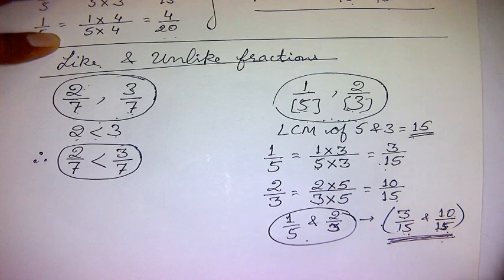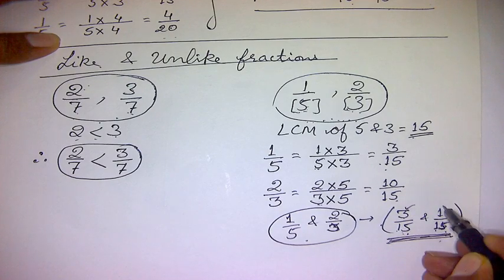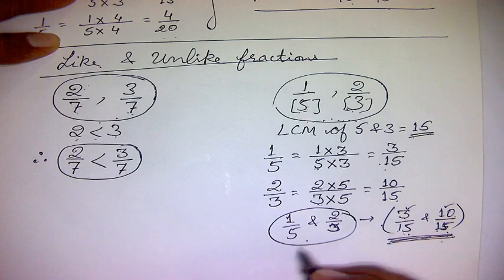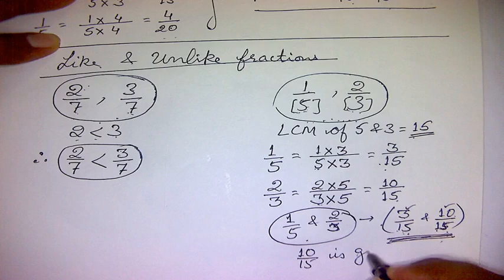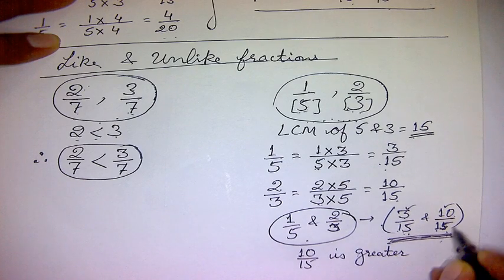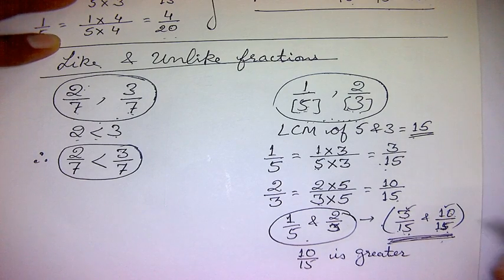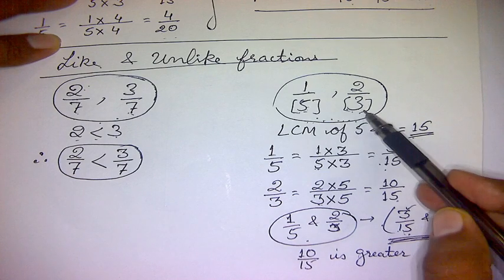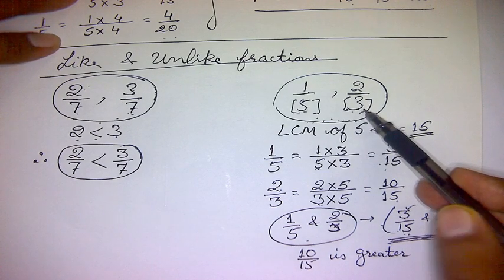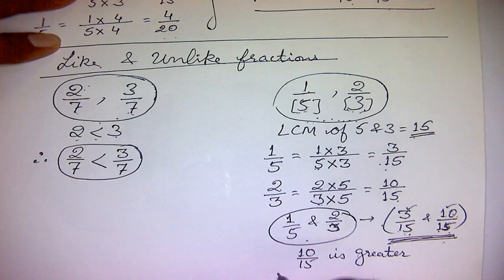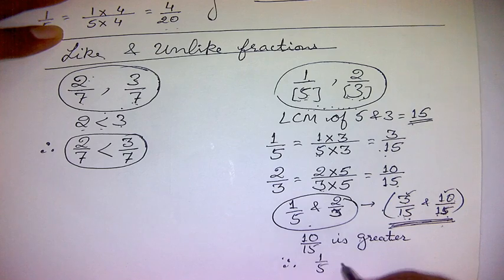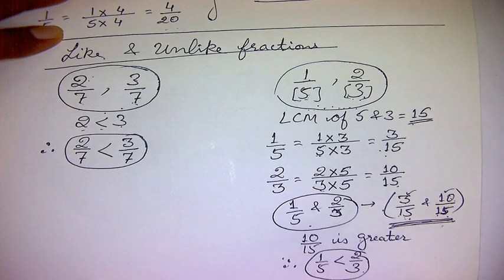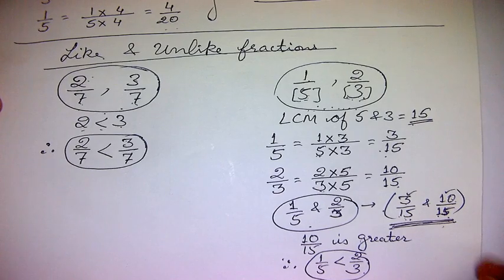Now here, 3 is less than 10. So which is greater? 10 upon 15 is greater. Now if 10 upon 15 is greater, it means out of 1 upon 5 and 2 upon 3, 2 upon 3 is greater. So we see that 1 upon 5 is less than 2 upon 3. So in this way we can compare them.